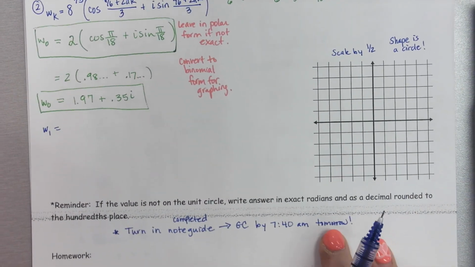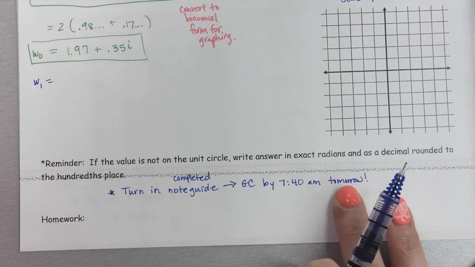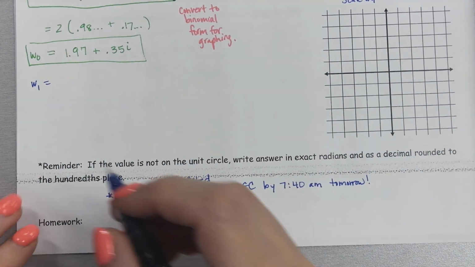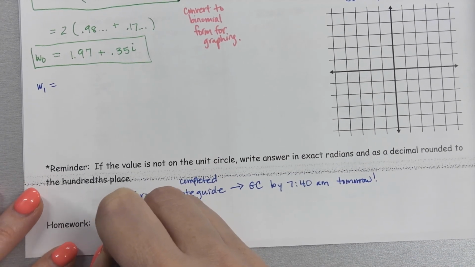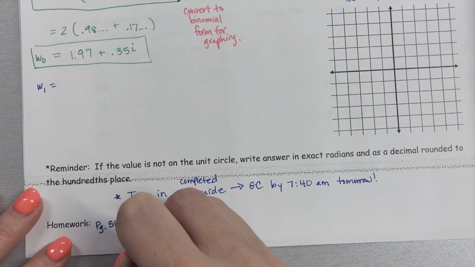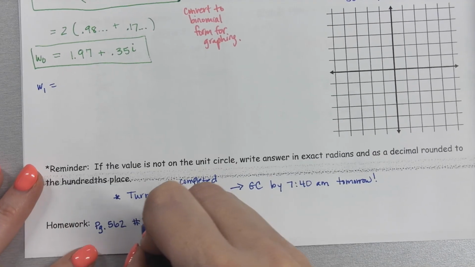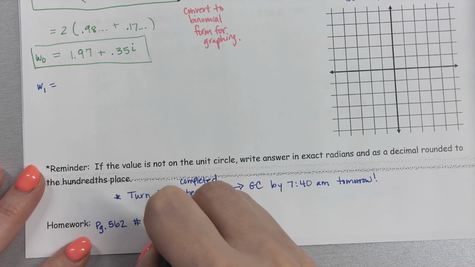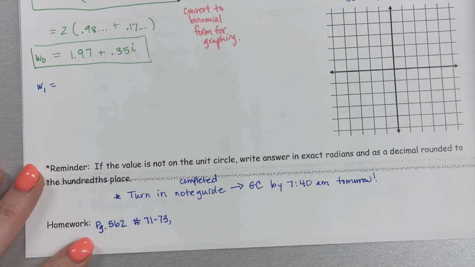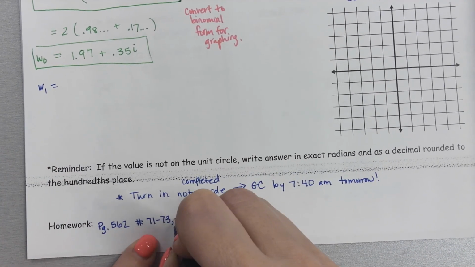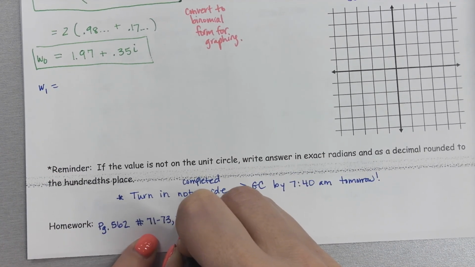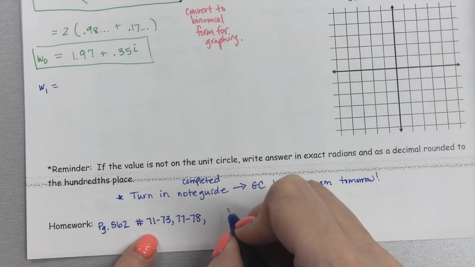Okay, and then I'm going to give you the no penalty assignment. I did change this morning to make it shorter. So if you wrote it down earlier, just know that I took some problems off. The ones that cover page 1 are 72 through 73, 77 and 78.